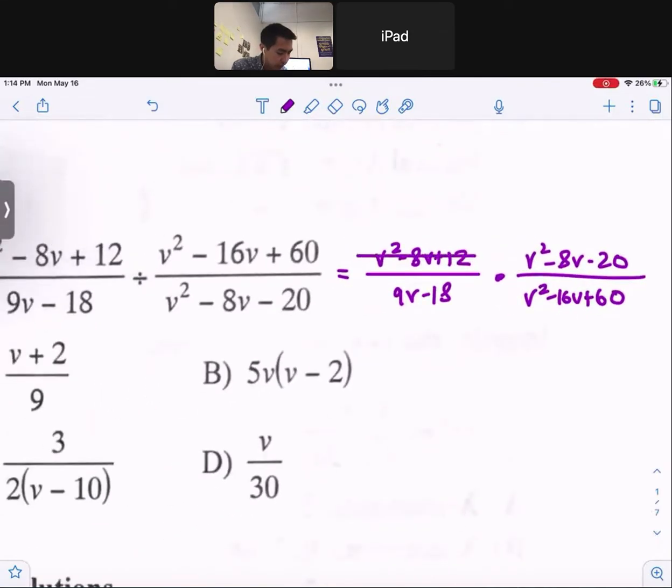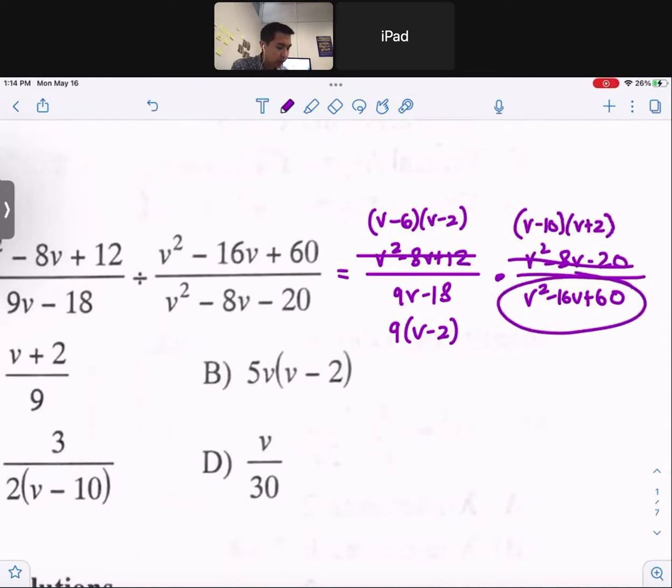So this, we're going to get v minus 6 times v minus 2. Here we can factor out a 9 to get v minus 2. Here we can x method that to get v minus 10 times v plus 2.